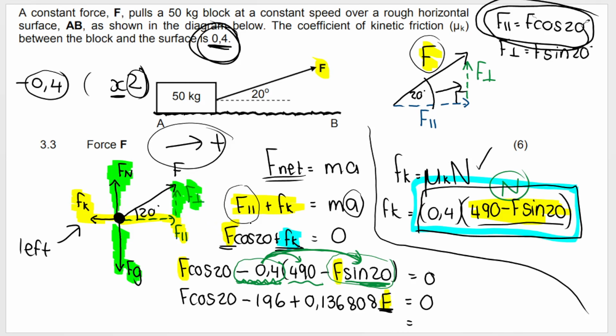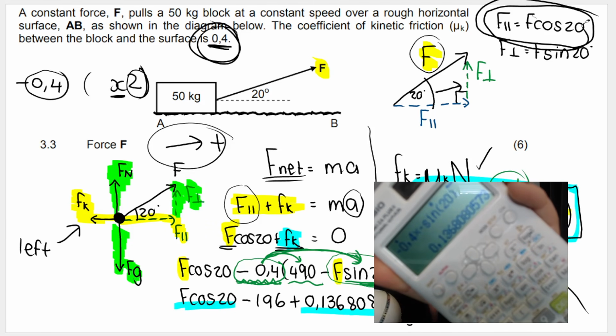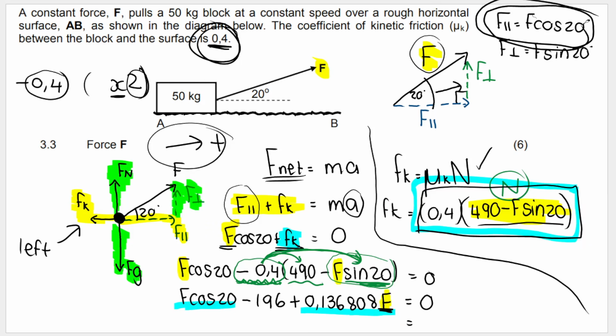And then I do like terms. This and this need to be added together because they both have an F in them. So I kept that long number on my calculator, the 0,136808, and I'm going to add it to cos 20.